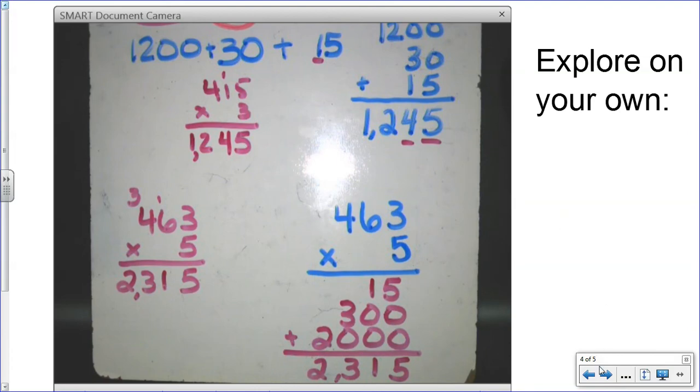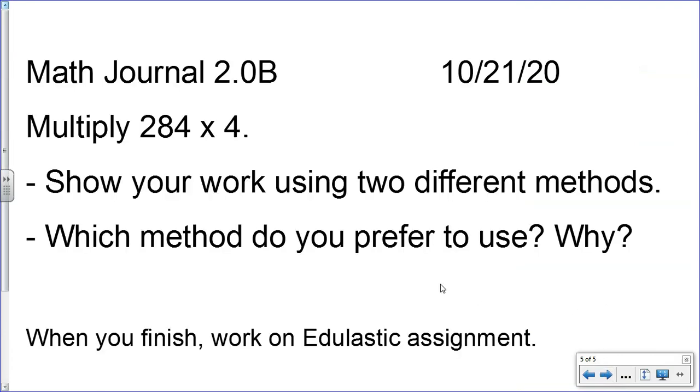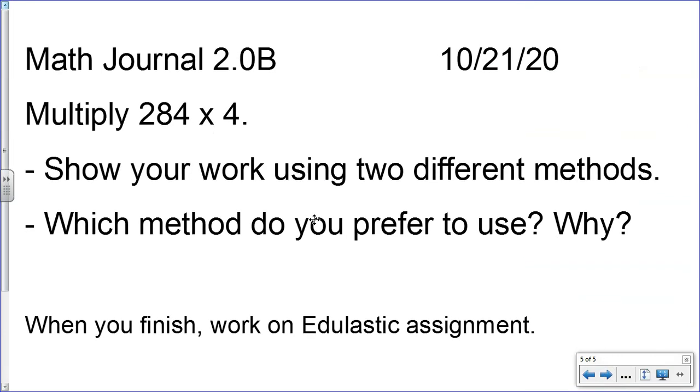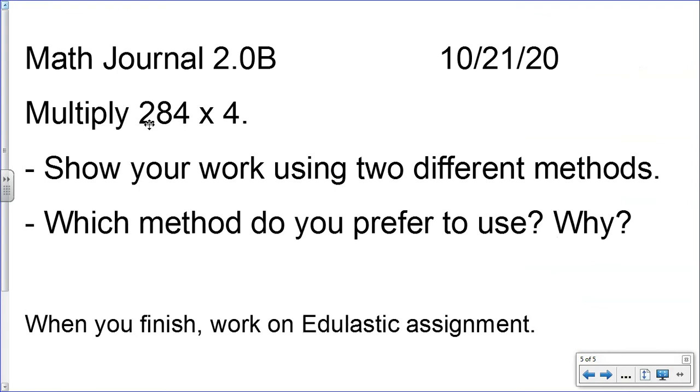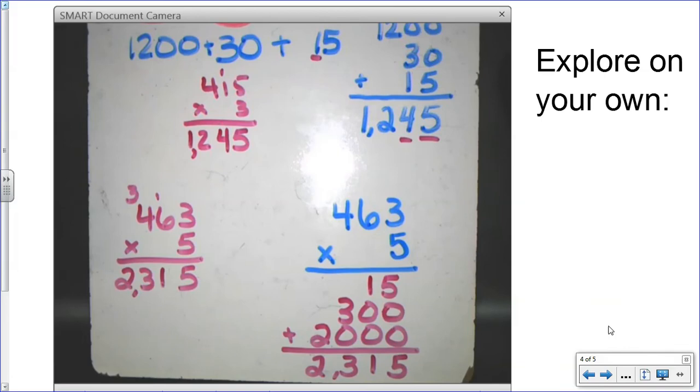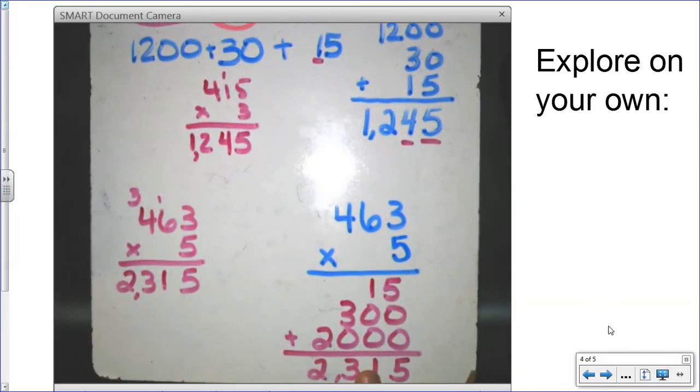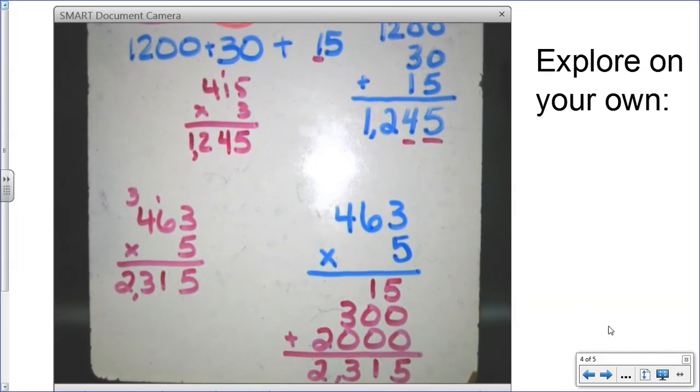Today, what you're going to do in your math journal is this particular math journal assignment. You are going to be multiplying 284 times 4. And I want you to show your work using 2 different methods. So those methods, again, we can think about those methods as breaking down our work, just like we did on this problem here with our place value, kind of under the traditional algorithm.